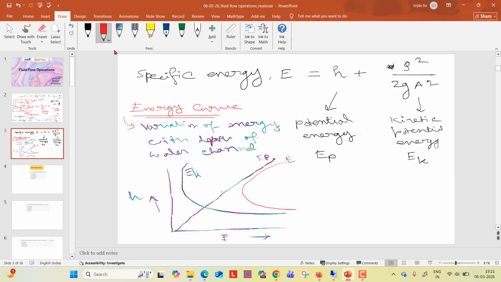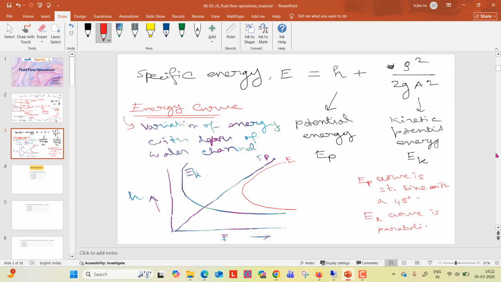So what you can understand is that your potential energy curve is just a straight line, and it has a 45-degree angle. So the EP curve is a straight line with a 45-degree angle, and the EK curve is parabolic.